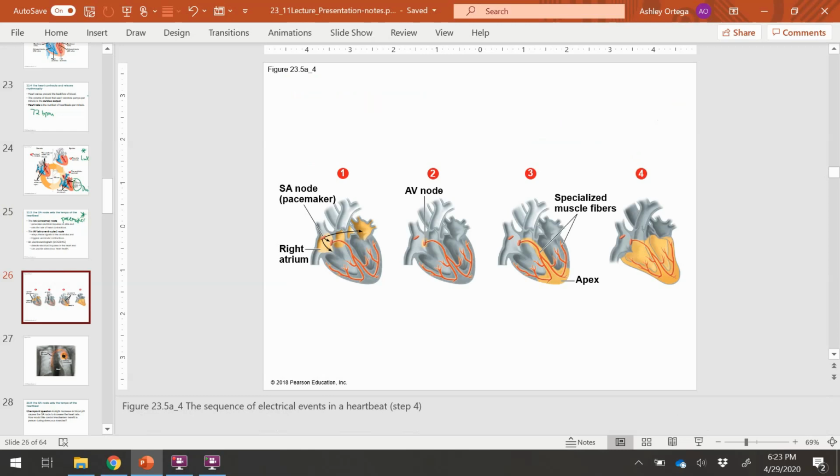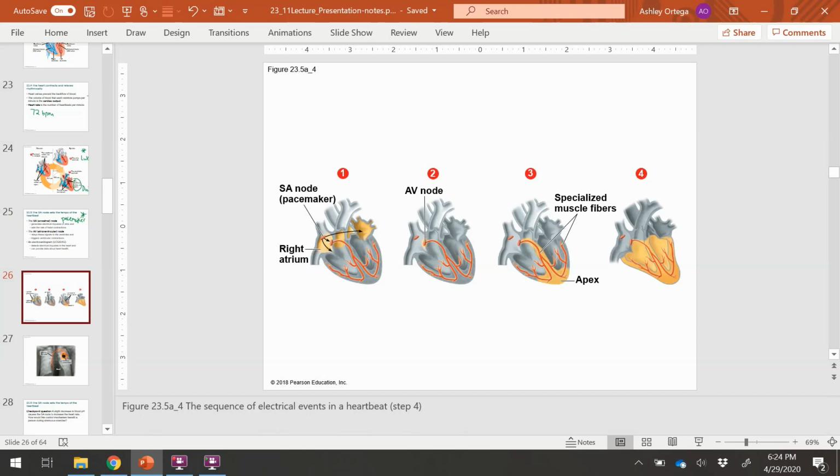And here you can see the process that occurs in the electrical impulses. The SA node pacemaker starts the impulse, sends it throughout the atria, and then it'll hit the AV node.